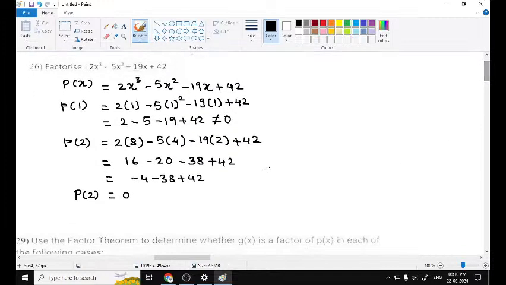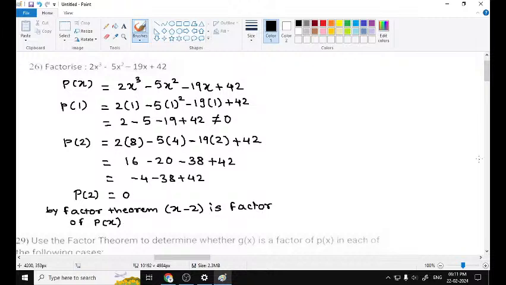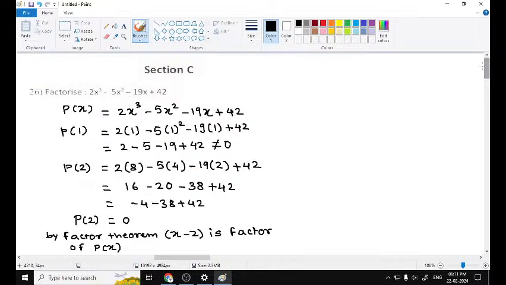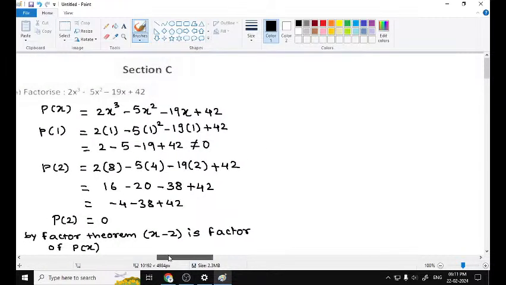As p of 2 is equal to 0, by factor theorem, x minus 2 is factor of p of x. Now let us find out remaining two factors by using long division.